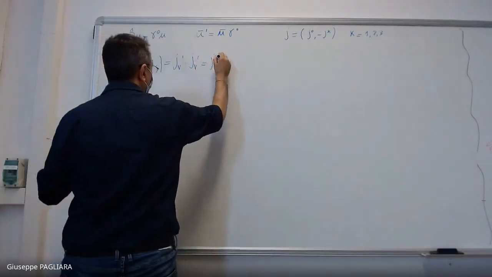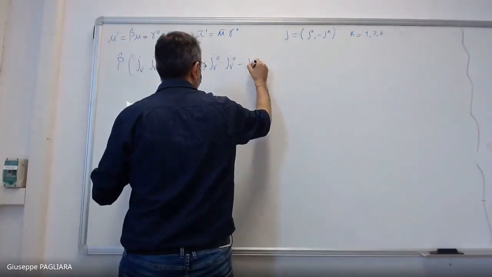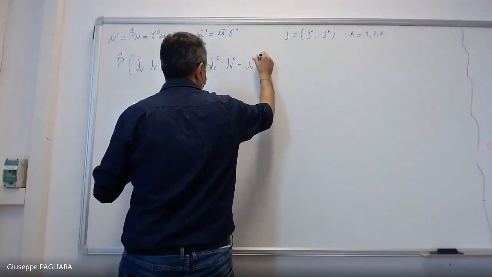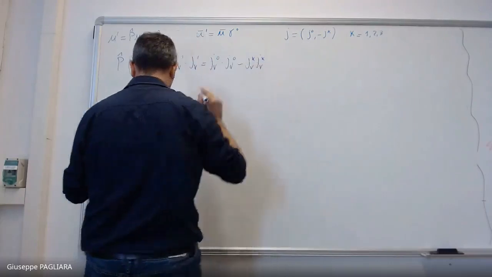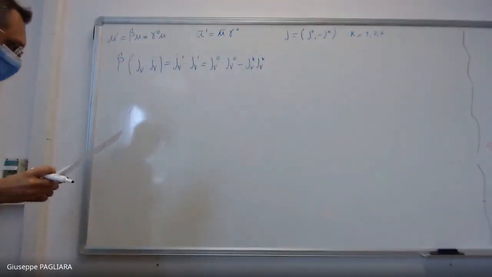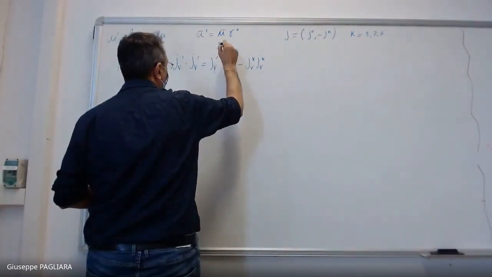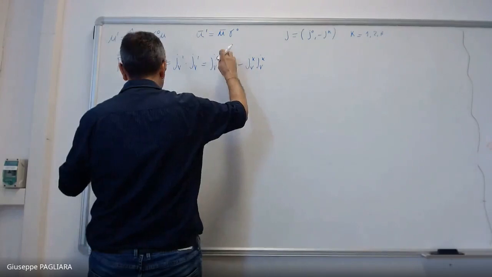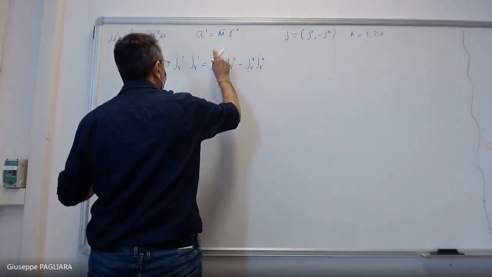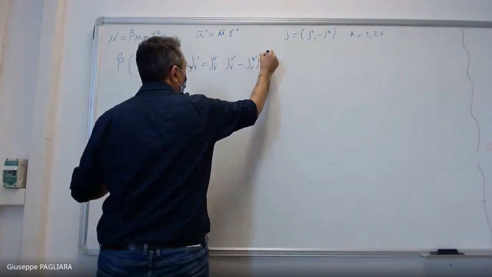It is J⁰_V J⁰_V minus J^k_V J^k_V, all primed.